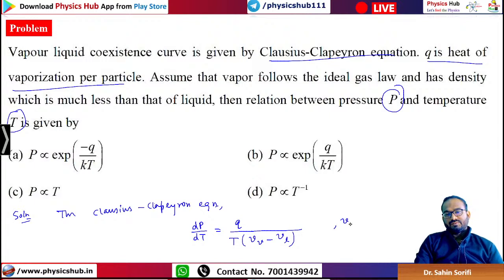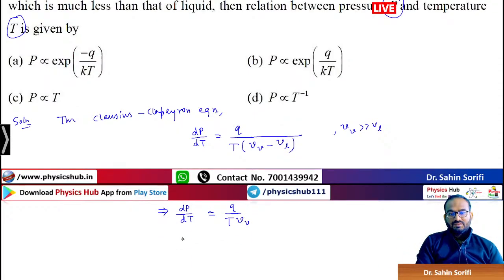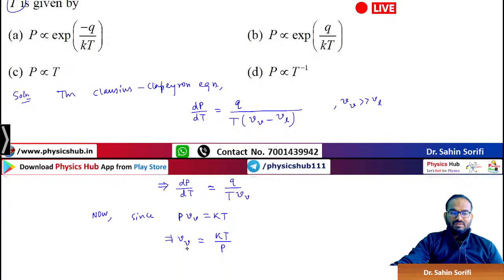Now you know the volume of vapor is much greater than the volume of liquid, so we can write that dP by dT is approximately Q divided by T times V vapor. Since PV is equal to kT, because vapor follows the ideal gas law, we can write the volume of vapor as kT upon P. This is not rho, this is P for pressure.